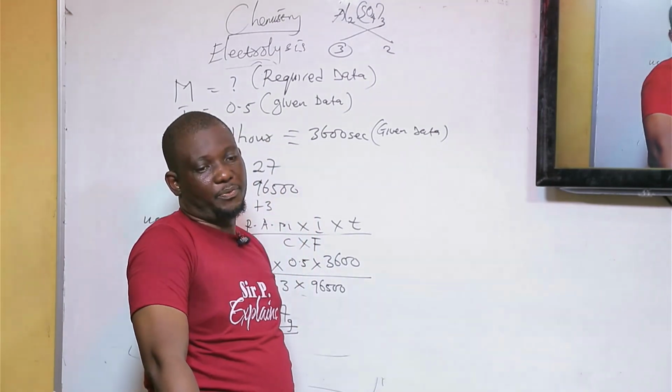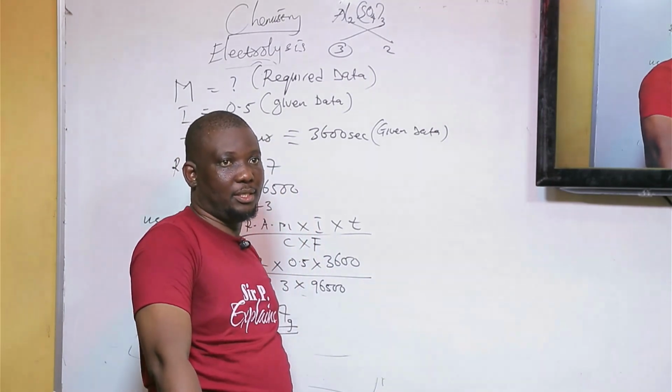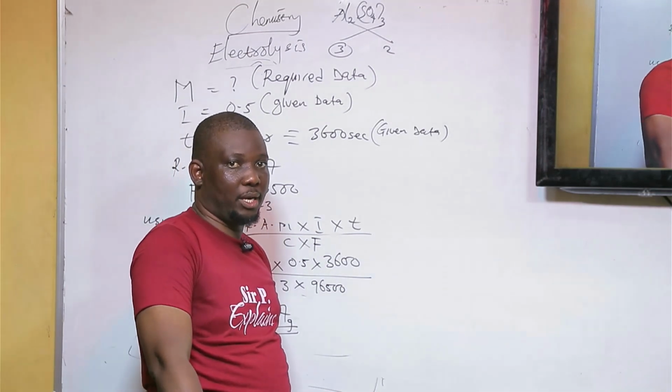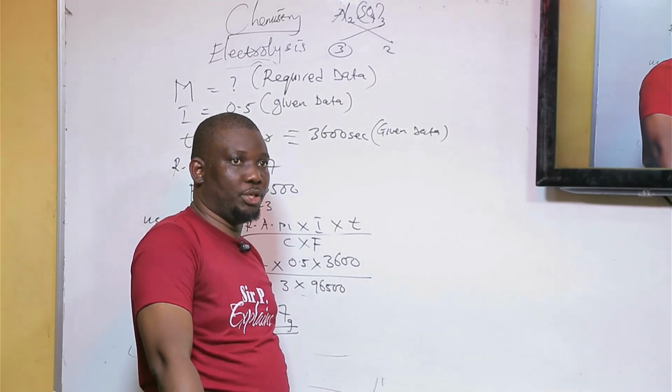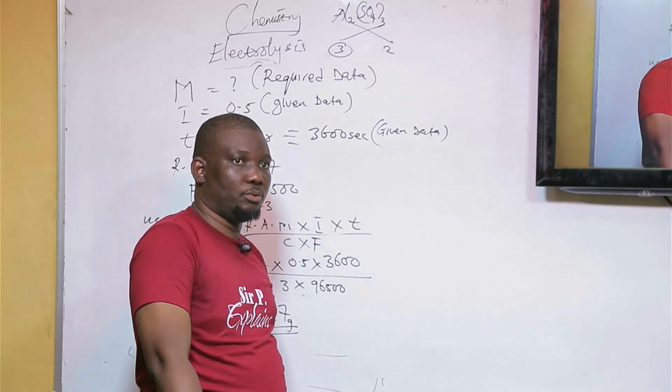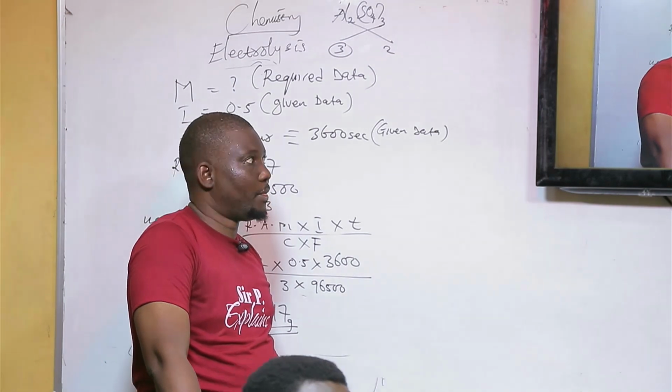Try this. Using a current of 4.5 amperes, how many minutes does it take to deposit 1.50 gram of copper onto a solution? Okay, I'll repeat.